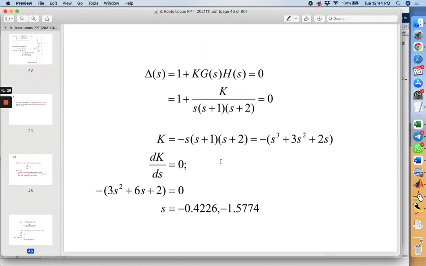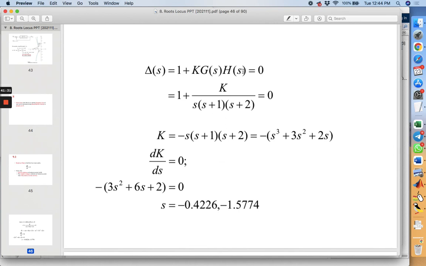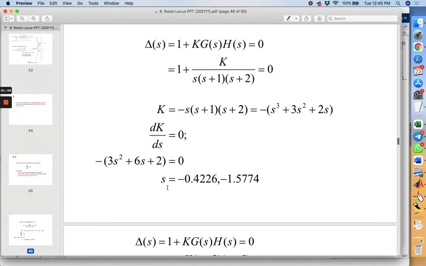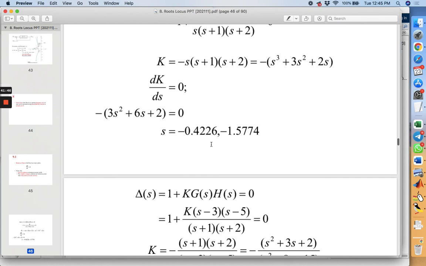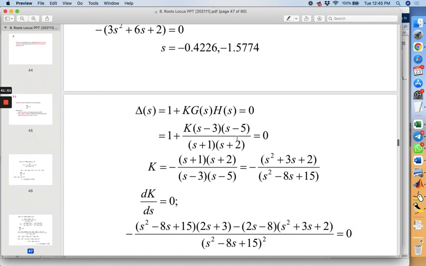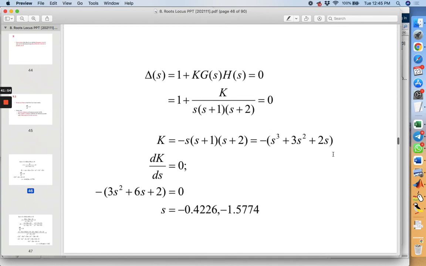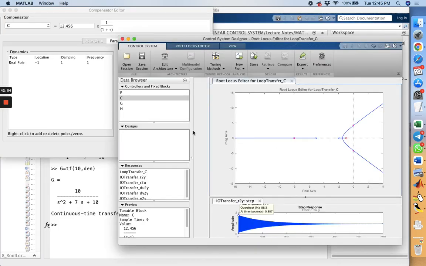Let's say we have this characteristic equation, 1 plus kgh equals 0. When we find dk over ds, we can find s at two positions, negative 0.4 and negative 1.5. Let's try to plot this. Let's say we have k over s plus 1, s plus 2.